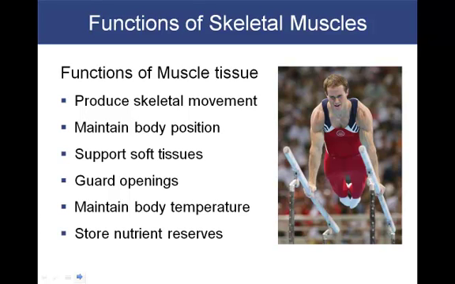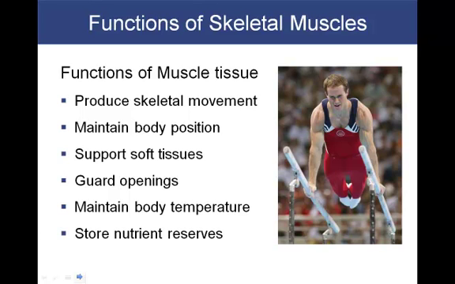Muscles are used to support our soft tissues. If you consider the soft tissues within our abdominal region, our abdominal cavity, we have musculature that helps support and hold those soft tissues in place. Muscle tissue is used to guard openings. If you consider openings of our digestive tract, for instance, we have a mouth at one end and an anus at the other.